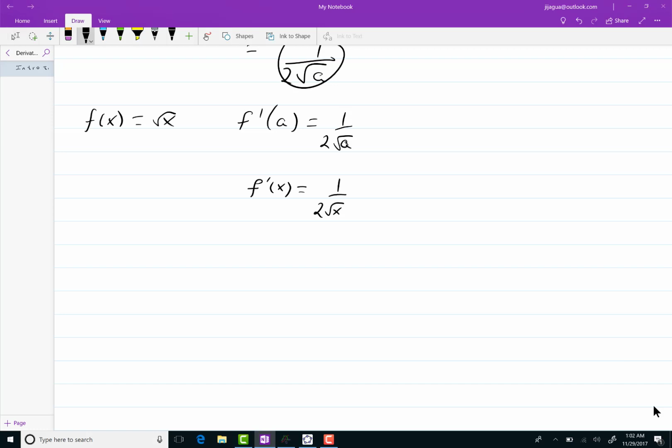So when I had f of x equals x squared, f prime of a was 2a, but better yet, f prime of x equals 2x.